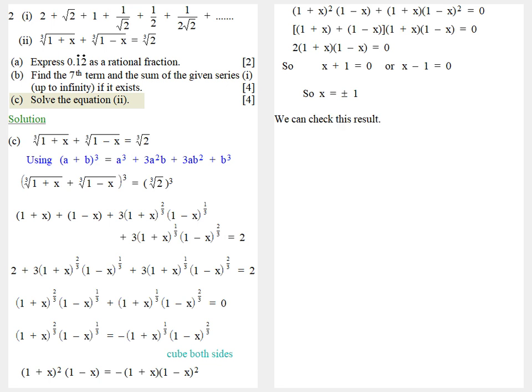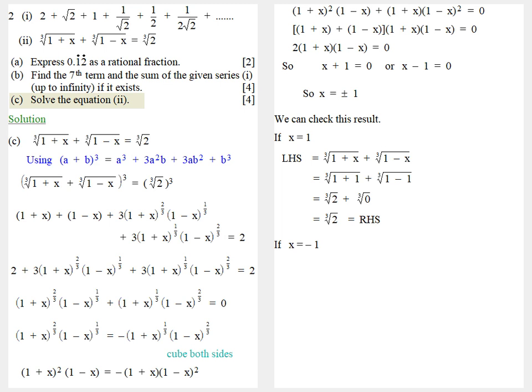Now if we want to, we can check this result. If x is equal to 1, the left-hand side is the cube root of 1 plus 1 plus the cube root of 1 minus 1. And that's equal to the cube root of 2 plus the cube root of 0, which is equal to the cube root of 2, which is equal to the right-hand side.